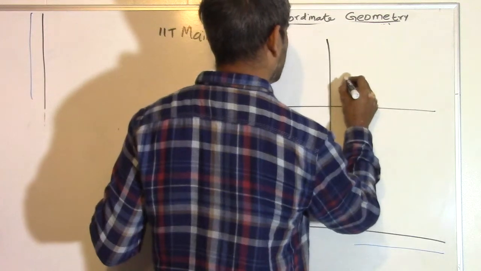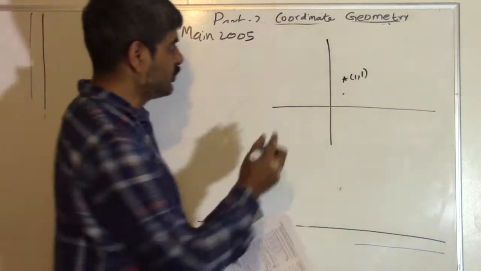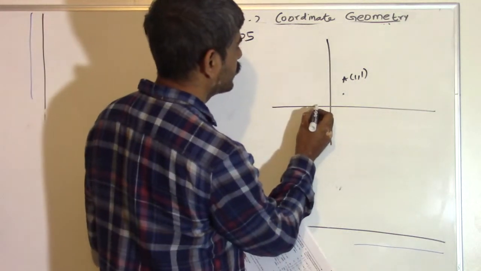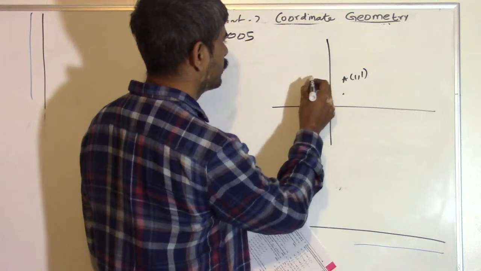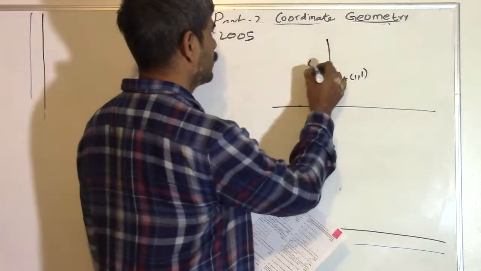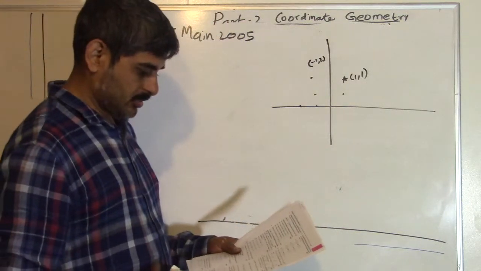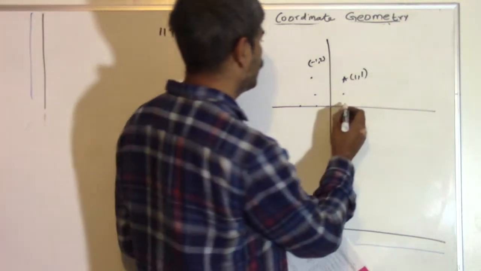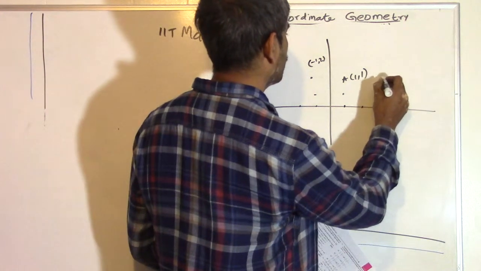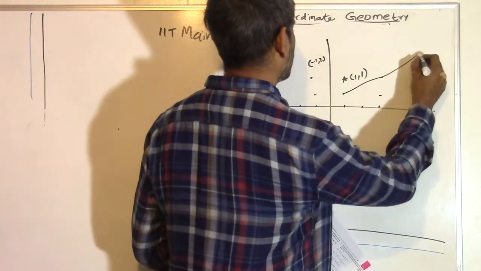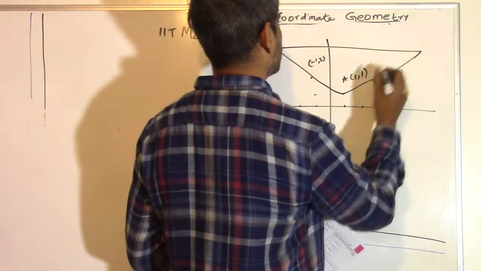This point A is given 1, 1, minus 1 and 2, and the third point is 3 and 2. This is our triangle.